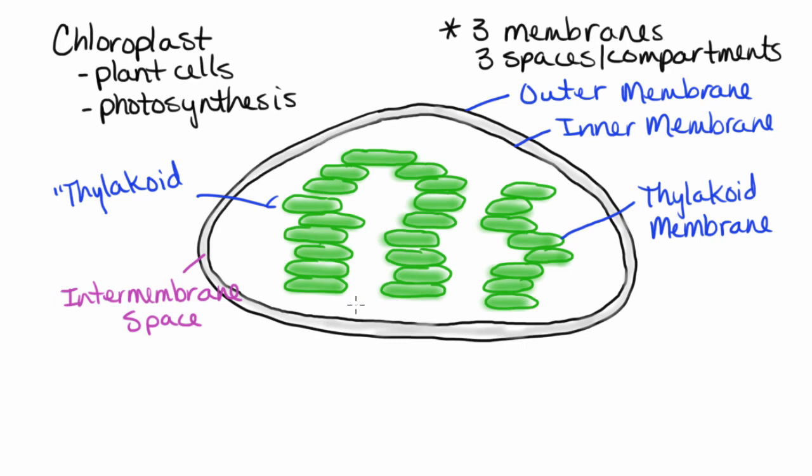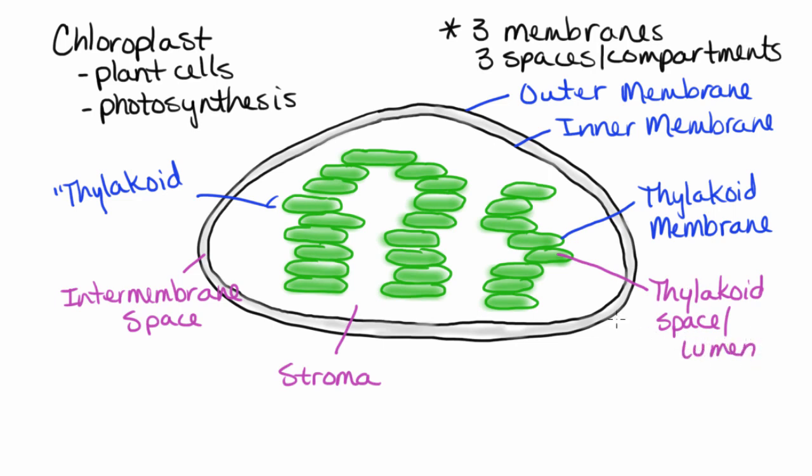We've got this area right here, which is going to be called the stroma. And then there's also areas inside of the thylakoids, and these are going to be called the thylakoid spaces, or you could also refer to it as the thylakoid lumen. Okay, so both of those terms would be comparable to each other.